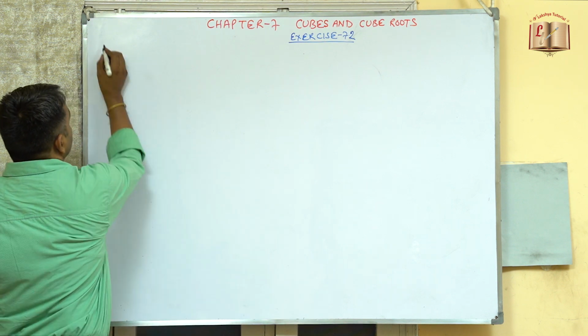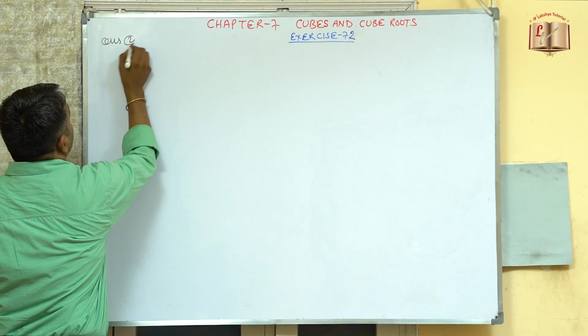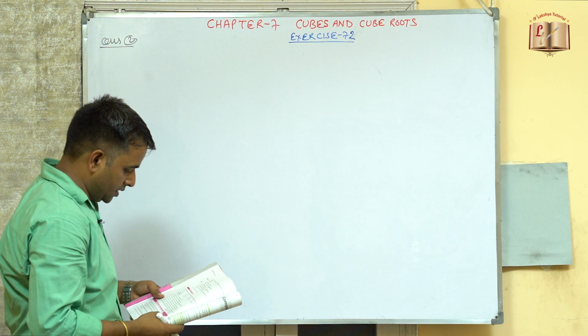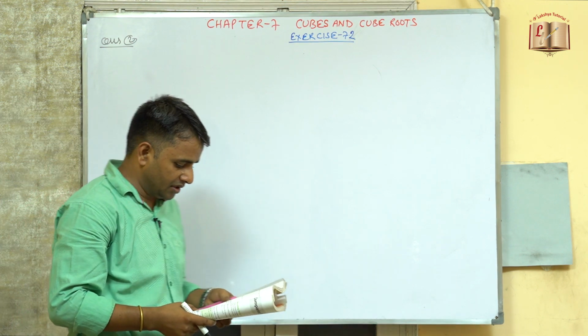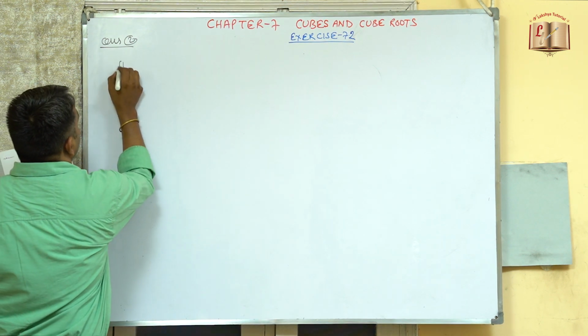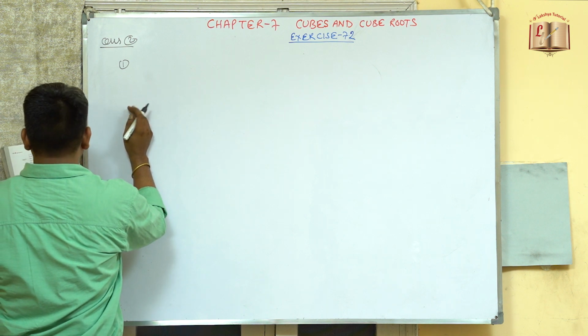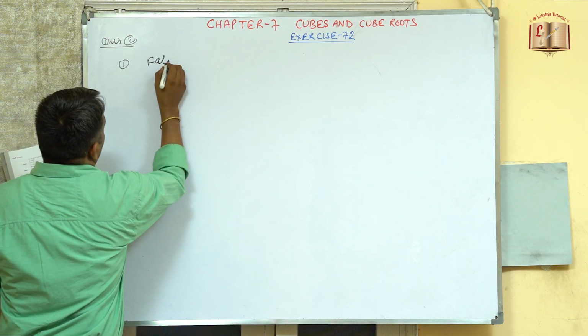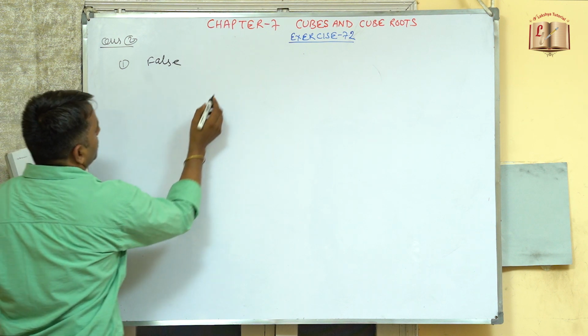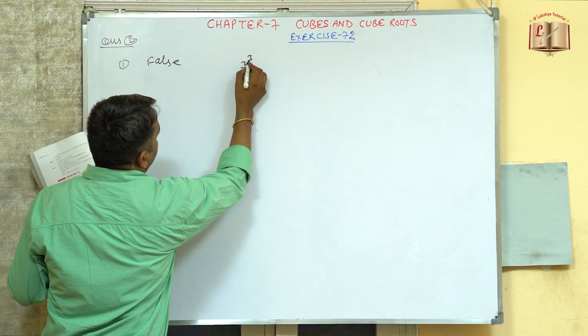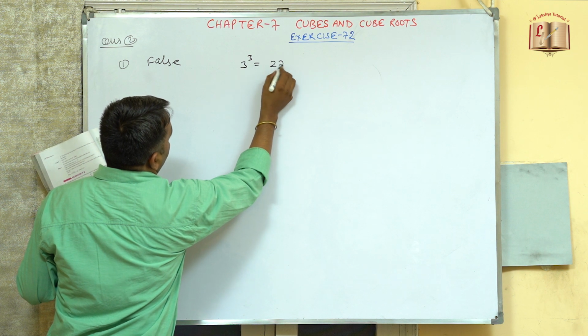Now coming to question number 2. State true or false. The first one: the cube of any odd number is even. No, this is false. If we take any odd number and take its cube, suppose 3 is odd, its cube is 27.